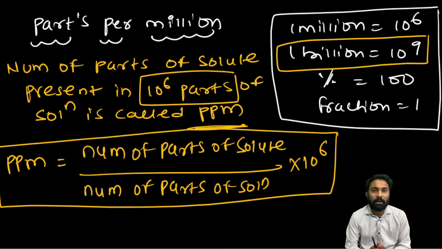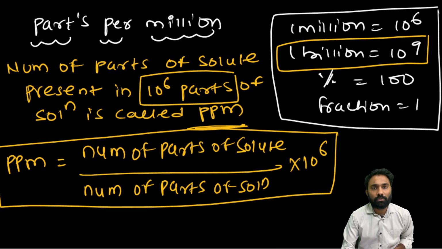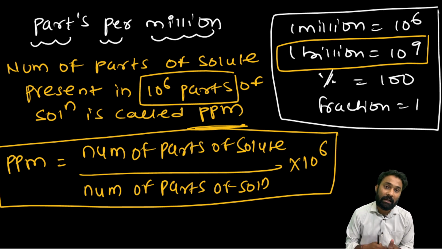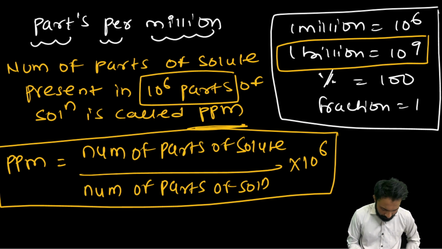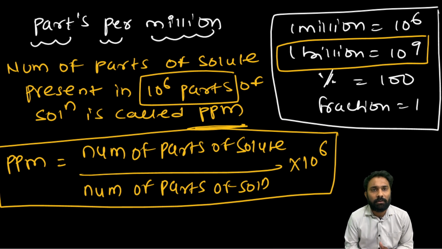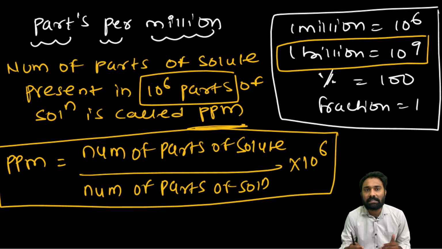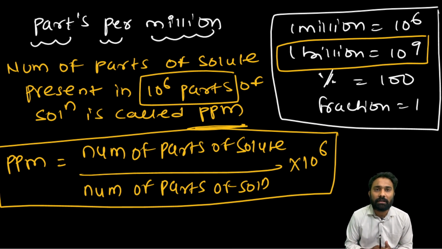Clear? Now I want to stop the lecture here. Up to now we have studied some concentration terms: weight by weight percentage, V by V percentage, W by V percentage, strength of the solution, and parts per million. In the next class, the very important concentration terms we are going to see are molarity, normality, molality, mole fraction, and the interconversions between them.